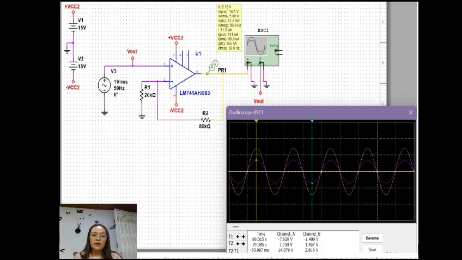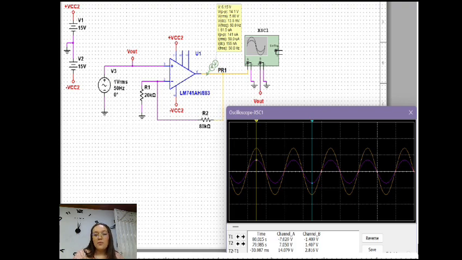Connect the input signal to the non-inverting positive input of the amplifier. Input resistor: connect one end to the inverting negative input of the amplifier and the other to ground. Feedback resistor: connect one end to the amplifier output and the other to the inverting negative input.